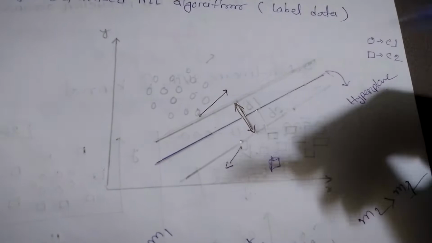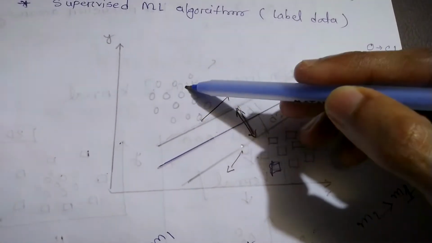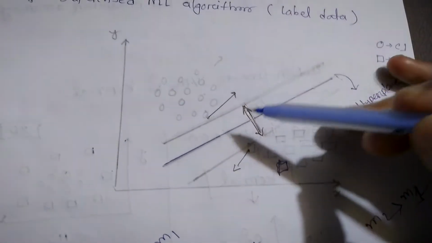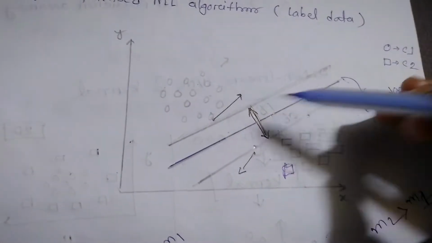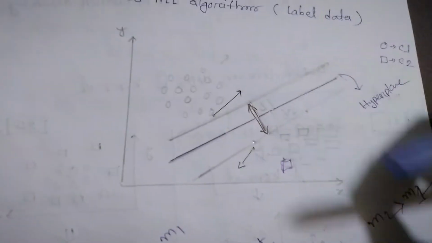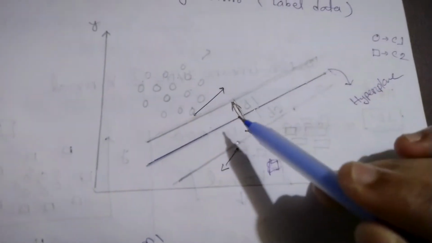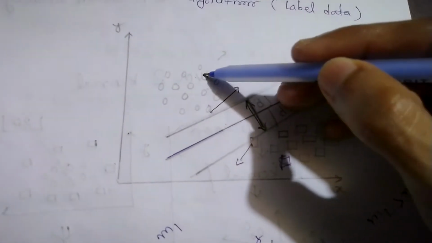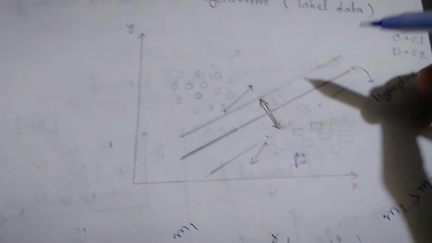So we want to classify these two different kinds of data sets. We need to make a boundary so that we can differentiate between them. Suppose this line is a wall that differentiates between this class and this class. That is what we want in a classification algorithm of machine learning.